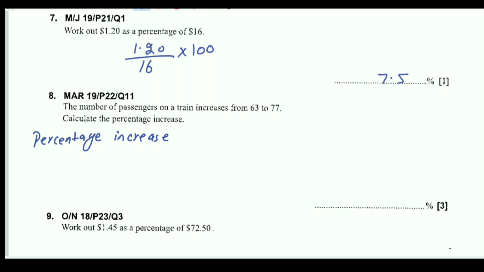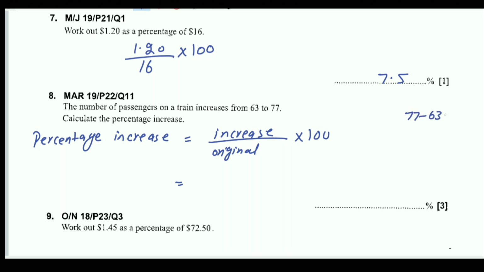And if the percentage is given in the question and we have to find any value, then we have to use those boxes. The formula of percentage increase is increase over original multiplied by 100.